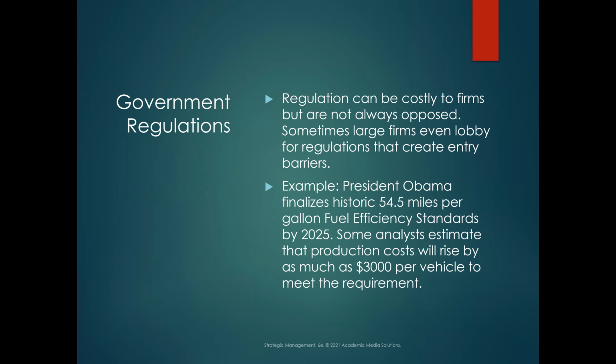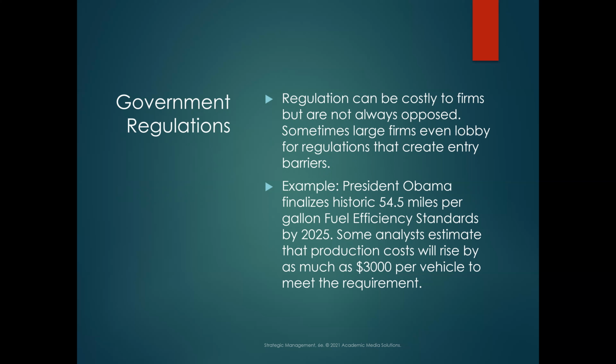So here's an example illustrating how President Obama finalized historic 54.5 miles per gallon fuel efficiency standards by 2025. With this policy in place, it provides very strong incentives for automakers to improve their fuel efficiency or adopt electric cars, right?